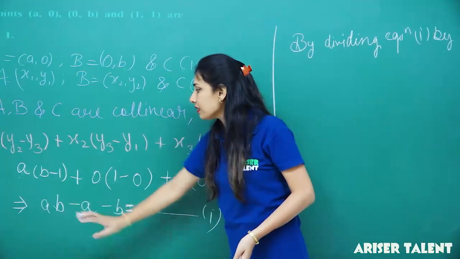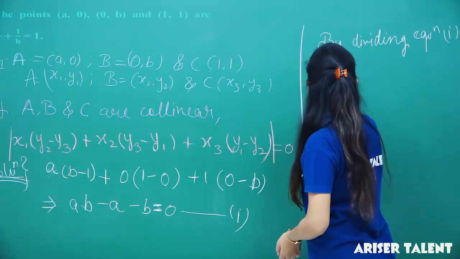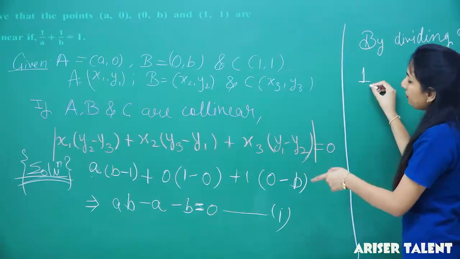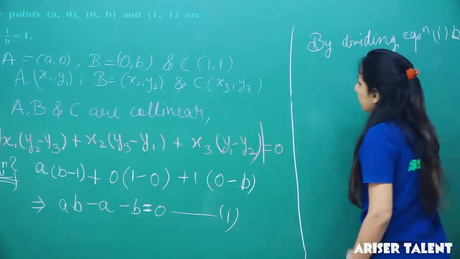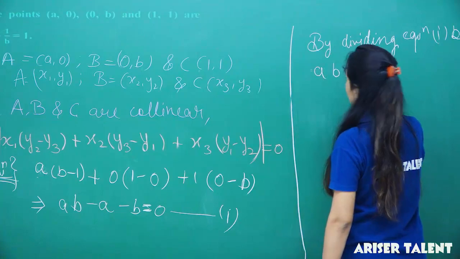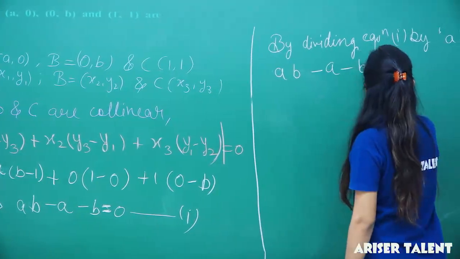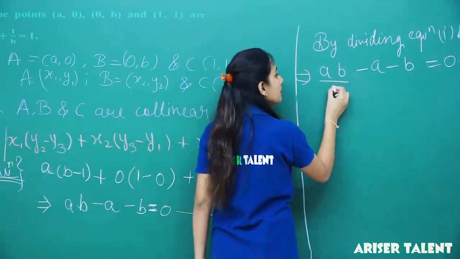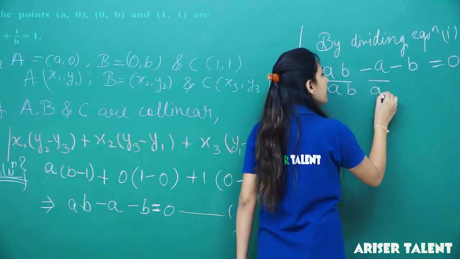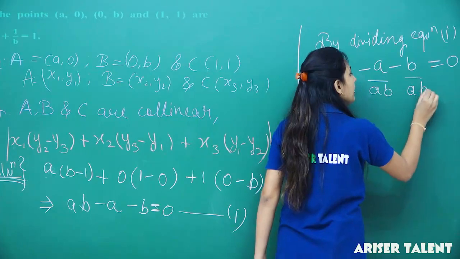If you divide ab by ab, you will have 1. I have this equation ab minus a minus b equals 0, and that will become divided by ab, divided by ab and divided by ab.